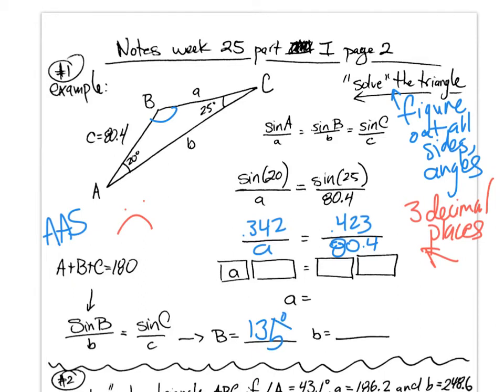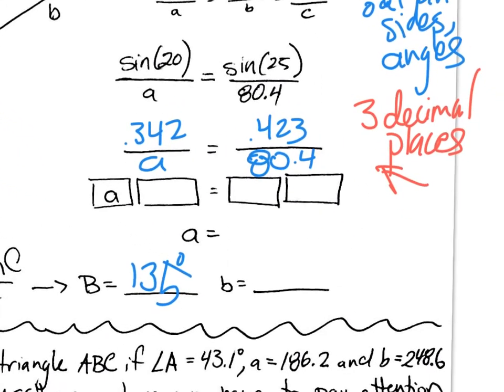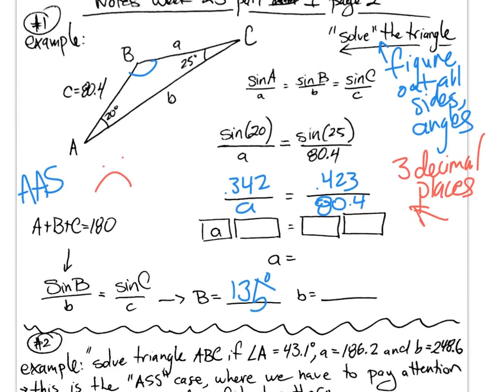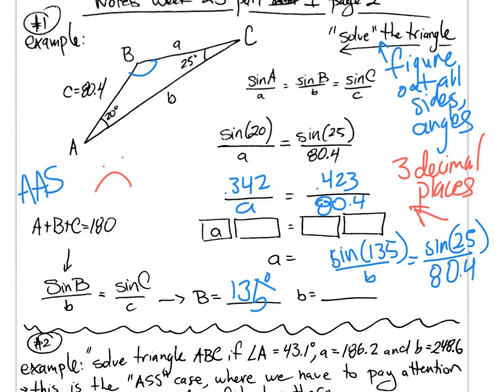And when we go to solve for the side B, I'll write this out, because what I had was obviously wrong. Nice work, Torville. So we can say that the sine of angle B over side B equals sine of angle C over side C. So to solve, we're going to cross multiply.